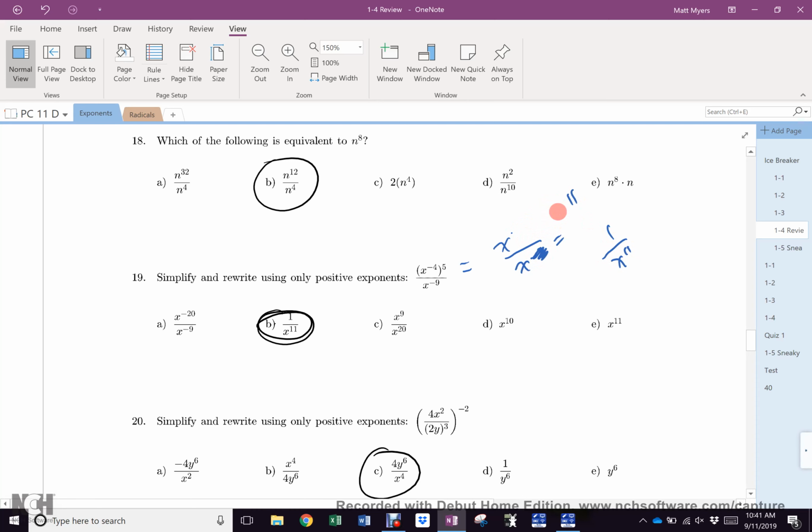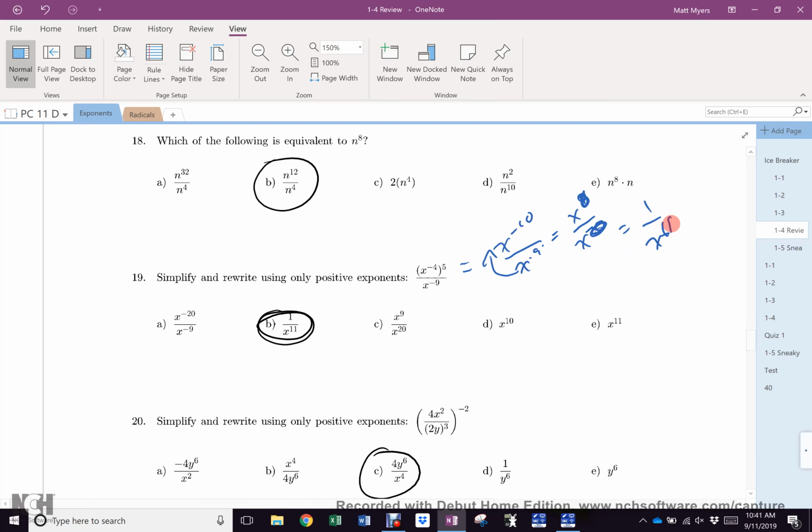The other way to think about it is x to the negative 20th, x to the negative 9. Neither of those is allowed, right? So it becomes x to the 9, it goes up, and x to the 20th, it goes down to the denominator. 9 of them cancel, leaving me with 1 up top, and 9 of them cancel, leaving me with 11 on the denominator. Two ways to think about it.